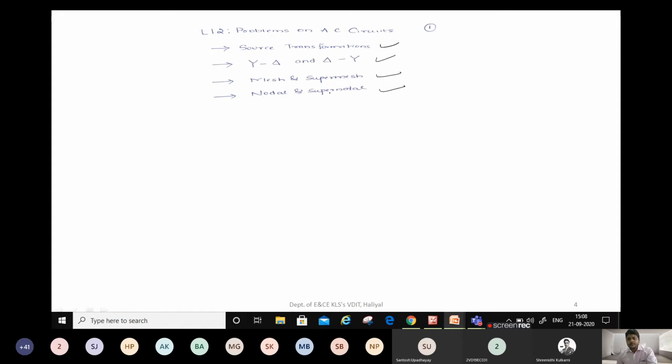First I will take up the problem based on source transformation. I will be discussing around 4 problems now, and all 4 have been asked in the examination, from 6 marks to 10 marks.